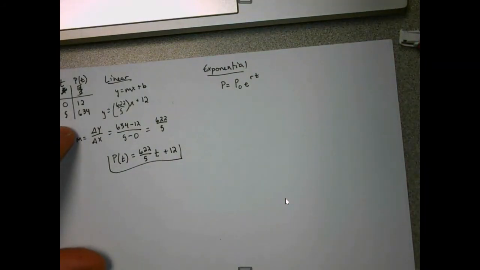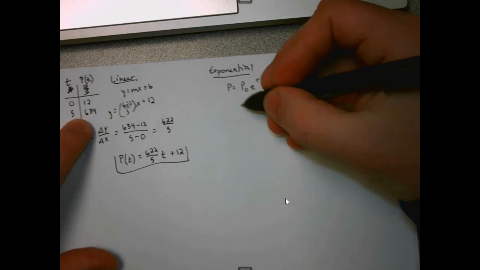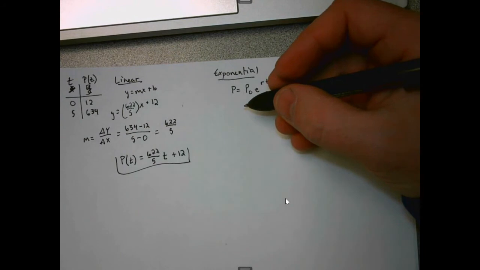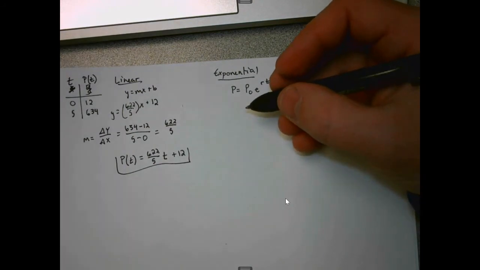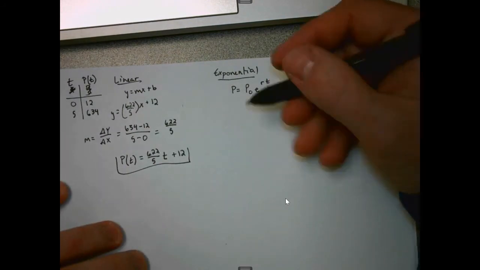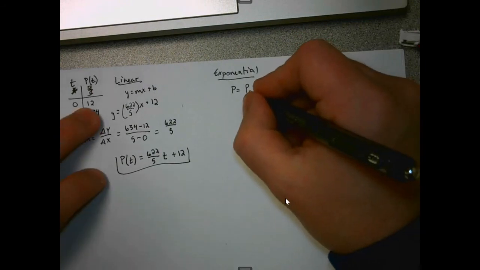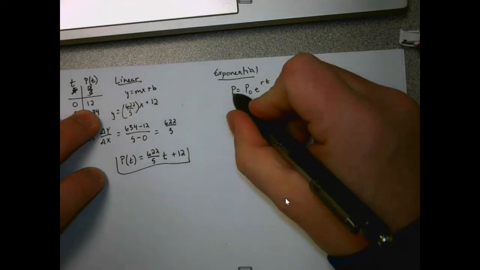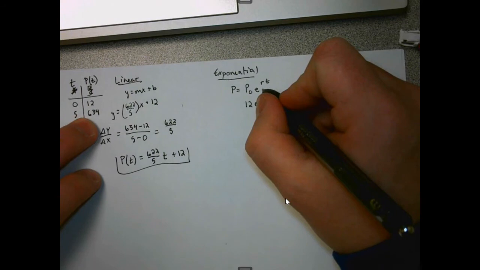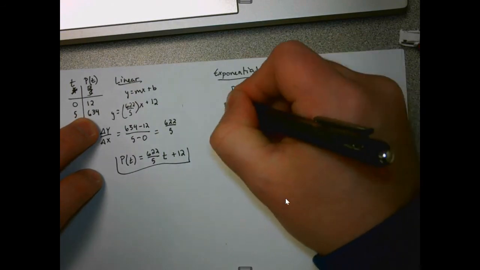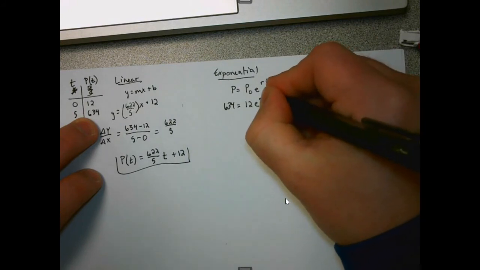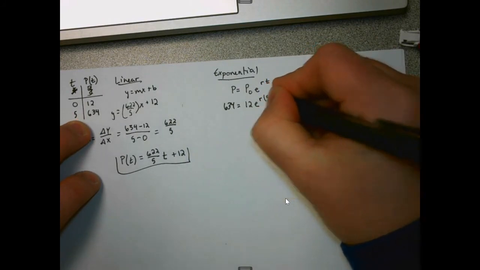Okay, so we have some points right here. We want to use the one that's not 0 if we can. So our initial population was 12, so that is P naught, 12. When I plug in P of t and t, that's when I'm going to use the second one. So this is going to equal 634. r we don't know, and then t would be 5 years.